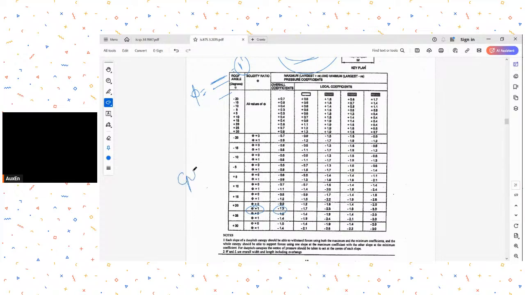So this will be CPE. Negative sign will indicate that the wind pressure will be acting away from the roof. Will there be any internal air pressure coefficient? There will be no internal air pressure coefficient, because it's a case of an unclad structure. So we don't have any CPI. We just have the CPE, and that is what you will apply.